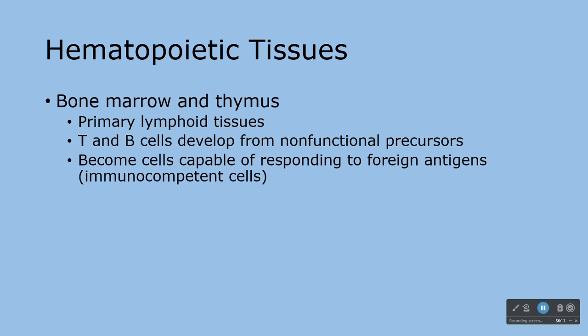Okay? So all of the precursors that are in the thymus gland, these T cells and B cells, they're non-functioning precursors. But then they're going to reach an age where they become immunocompetent.